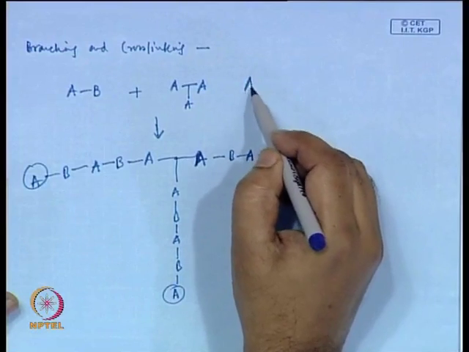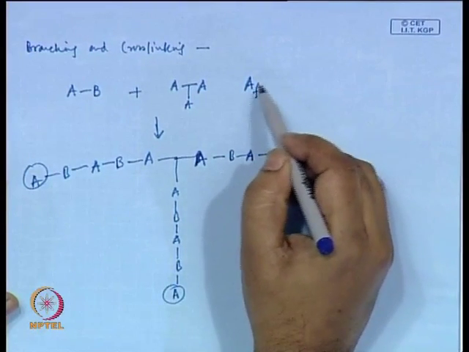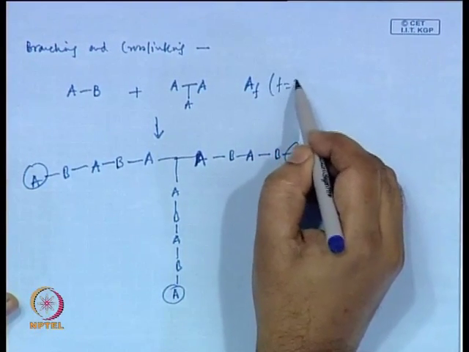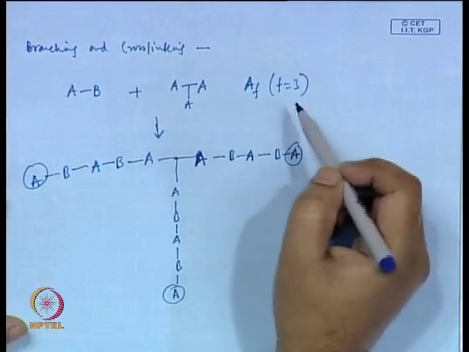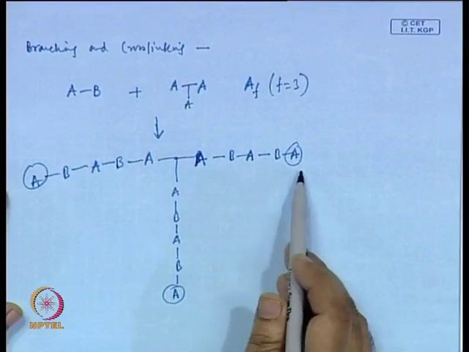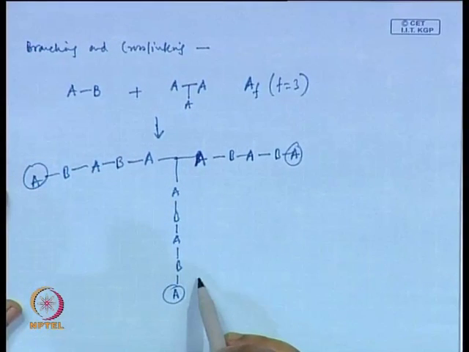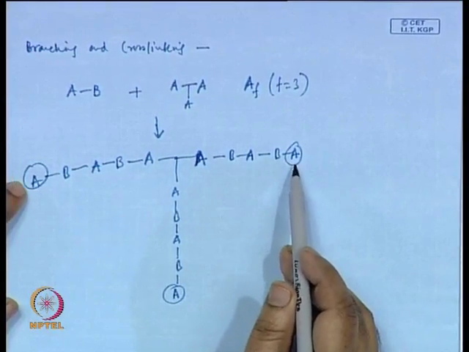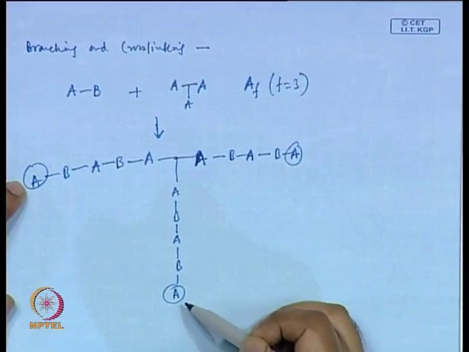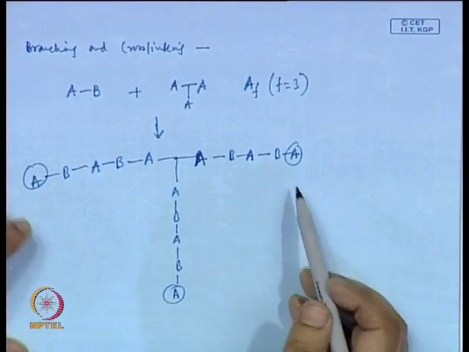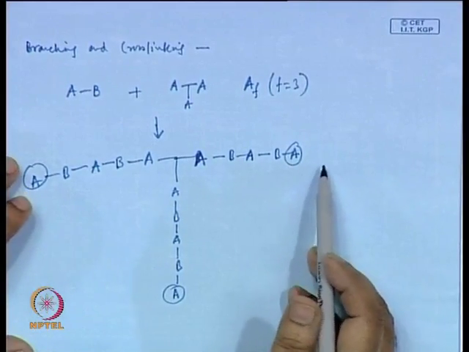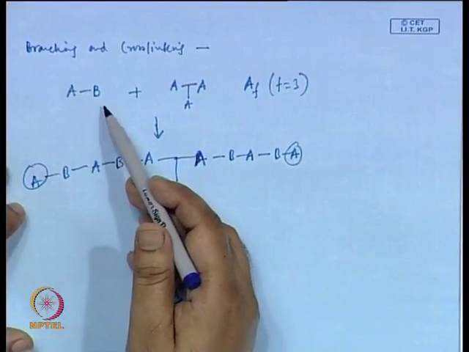Now, we are writing this as AF, where F is 3 here. So, F is the number of functional groups present in this molecule. You can understand that in this case the ends will always have a functional group A, which cannot react with each other; the growing chain only reacts with the monomer.